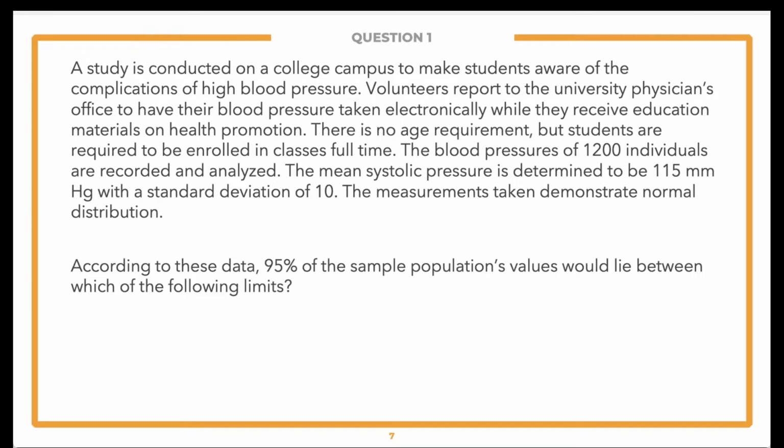And then number 2, we want you to read the lead-in. And in an NBME-style question, the lead-in is really the question here. So in this case, the lead-in is, according to these data, 95% of the sample population's values would lie between which of the following limits? Okay, so part of the reason we want you to read the lead-in is that some of the vignettes on Step 1 and Step 2 CK are long and they're filled with a lot of information.